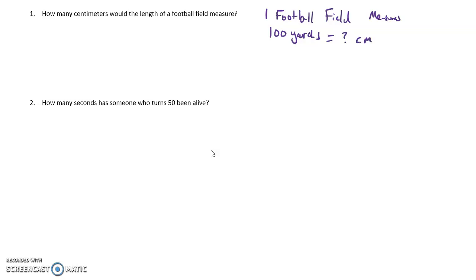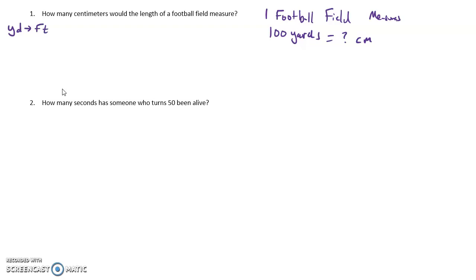And I don't have a relationship between yards and centimeters, so what I would suggest you do here is make ourselves a road map. How can we go from yards to centimeters? Well, first of all, we're going from a large unit to a smaller unit. So in the imperial system, the non-metric, we're going to go from yards to feet.